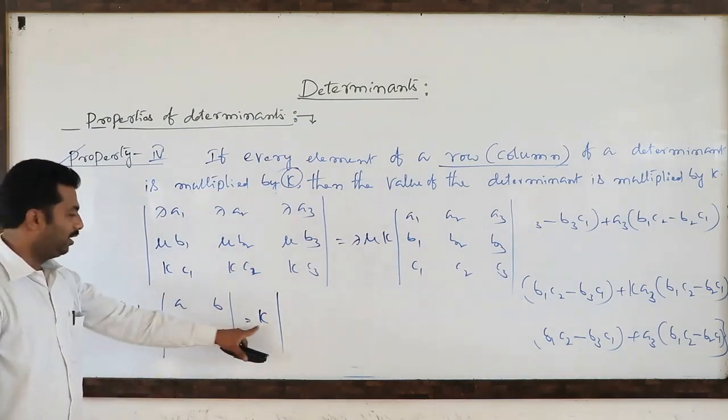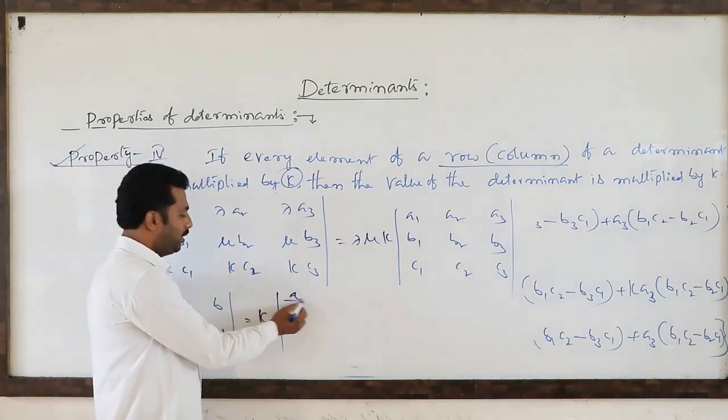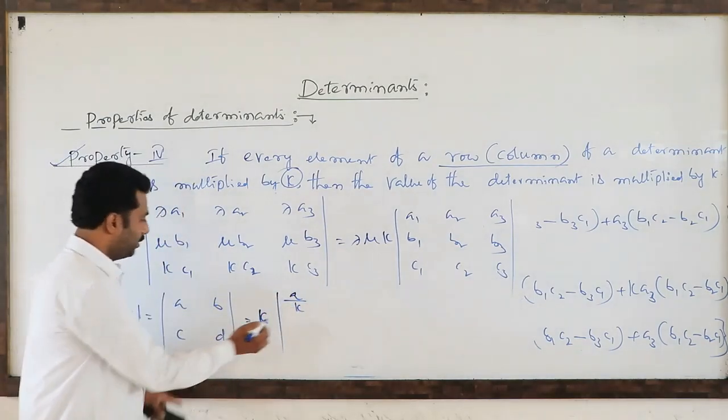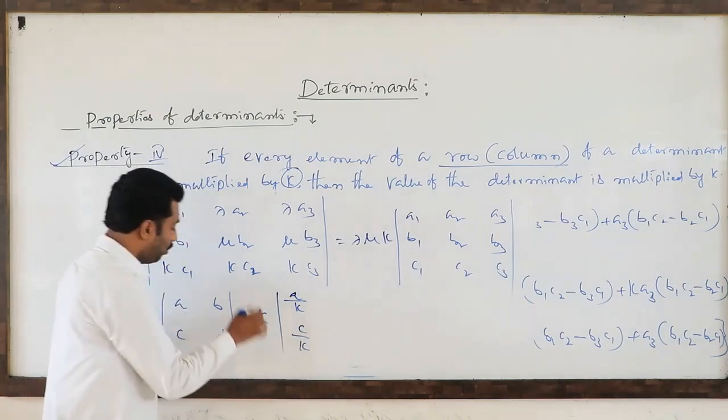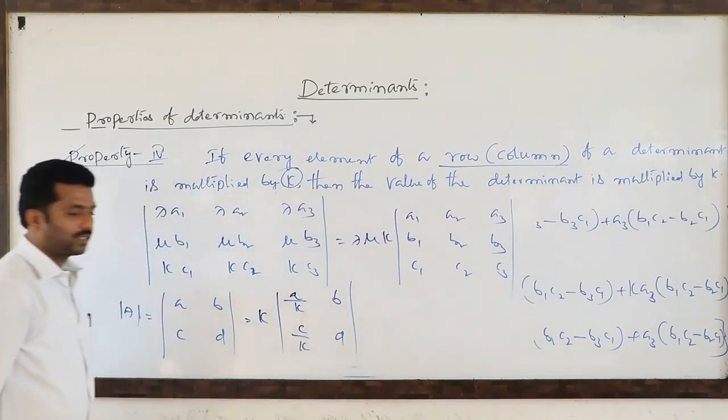See here, multiplying means first row or first column. See here, this is A by K, C by K. No changes in the second column.